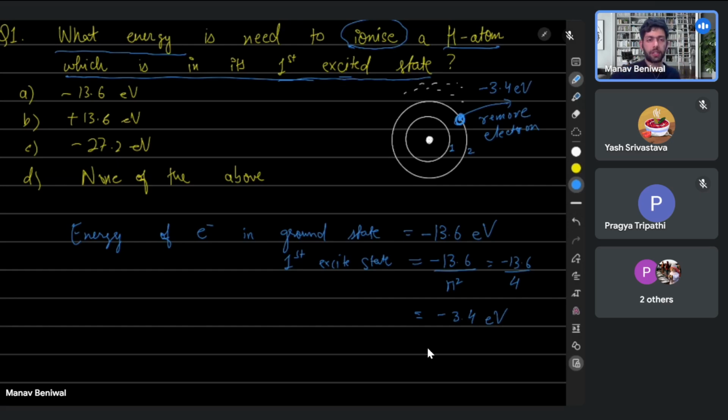So what is the energy that we need to give to the electron so that it is completely removed? It will be the same energy, right? So energy required for ionization, E ionize, will be plus 3.4 eV. Right? So the answer will be none of the above.